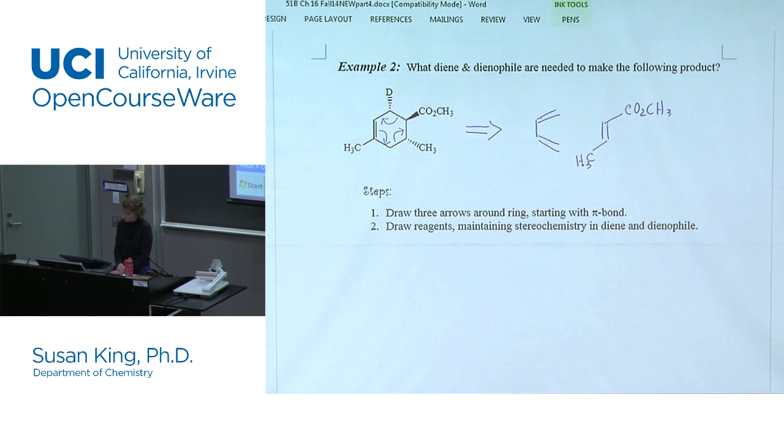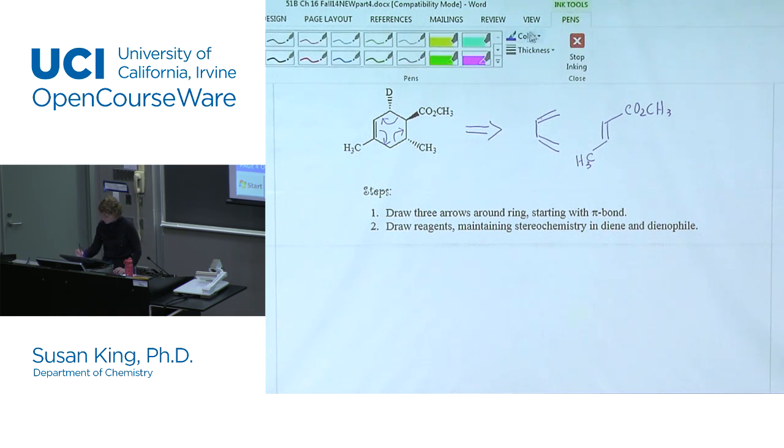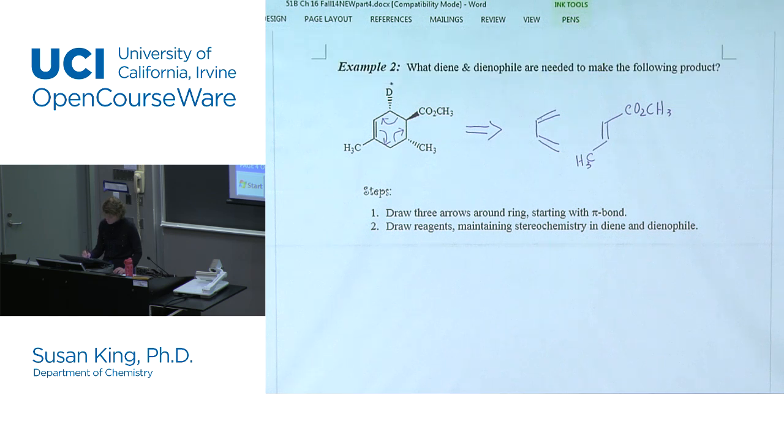All right, also notice the orientation between the deuterium and the electron withdrawing group on the dienophile. They're on opposite sides, aren't they? What does that mean about the deuterium? It's an inside substituent, so deuterium has to be this way.